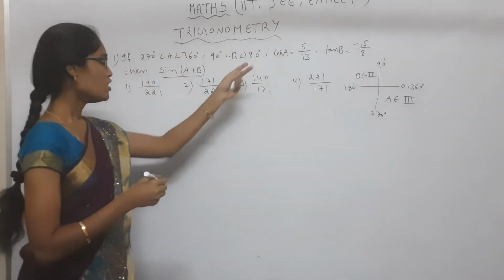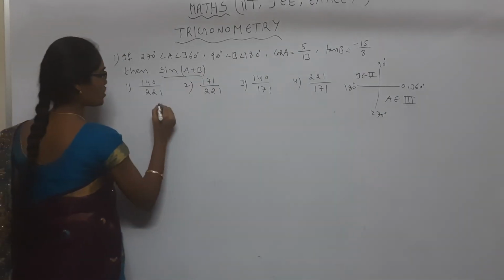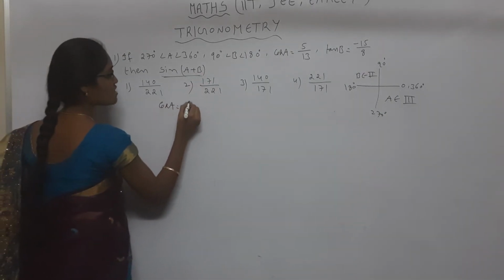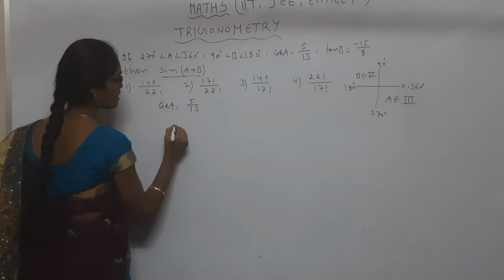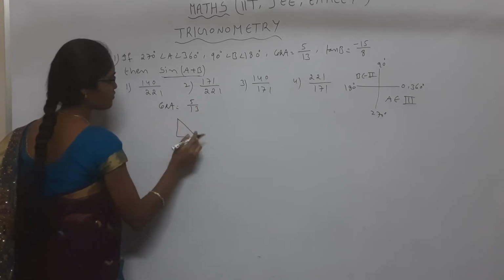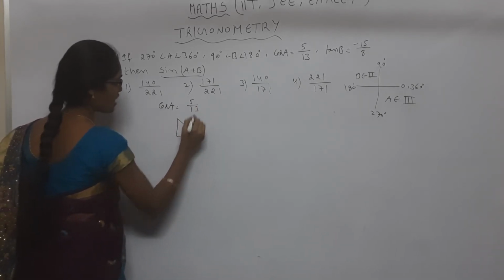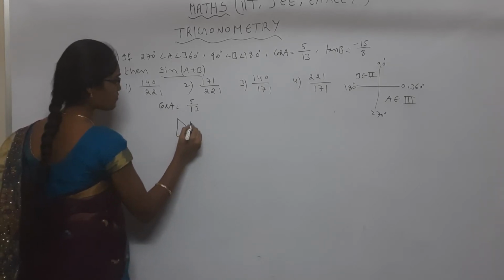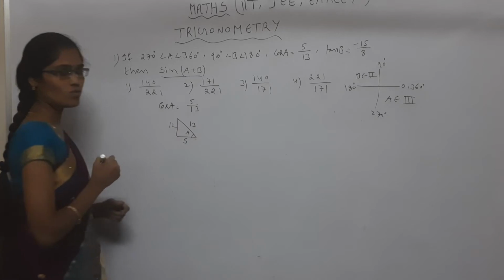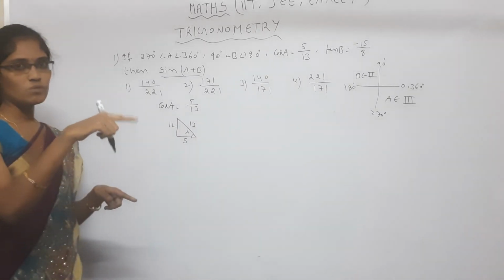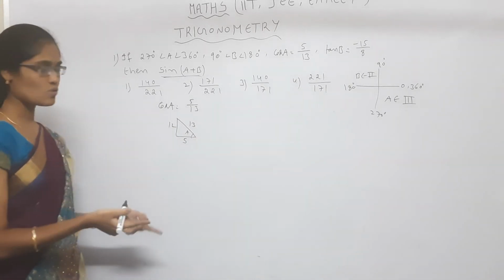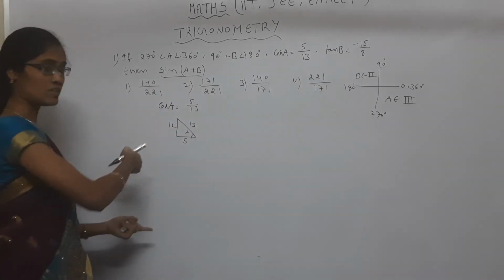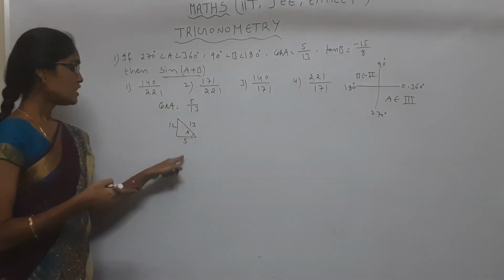Okay, now take the given values. So the given value is cos A is equal to 5 by 13. From this, by Pythagoras theorem, this is angle A. So cos means adjacent by hypotenuse. So this part is 12. By the condition AB square plus BC square is equal to AC square, so find out the third side: 12, 13, 5.